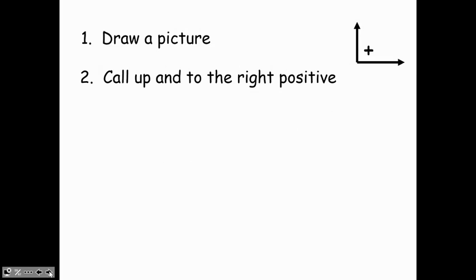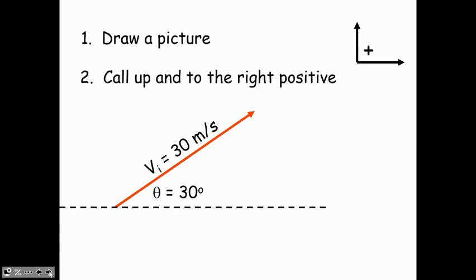Let's start by drawing a picture and assigning our directions as positive. Here we have an initial resultant velocity of 30 meters per second pointing at an angle of 30 degrees.